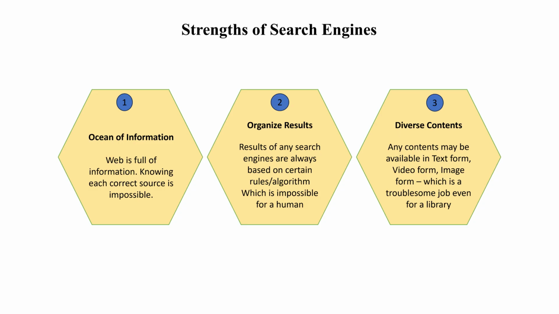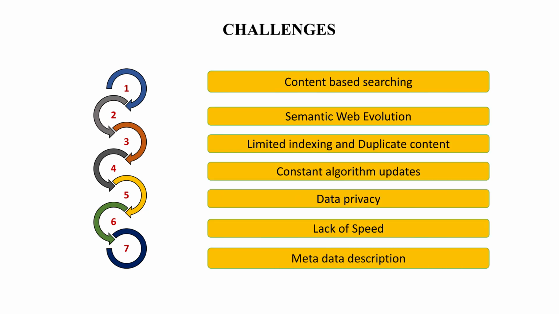Next, with the vast growth of the internet, search engines also have certain challenges. On the screen, we have mentioned the main challenges search engines have. Mainly, these challenges include, first, the tendency of every searcher to search web content or video content.